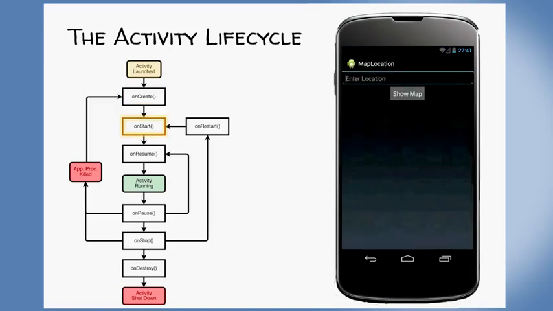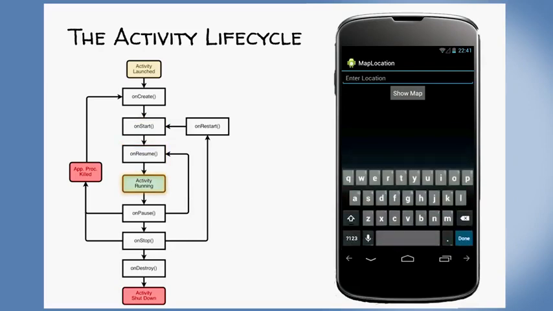At this point, MapLocation is visible, but not yet ready for user interaction. Android now calls onResume. After onResume completes, MapLocation will soon be both visible and ready for user interaction.